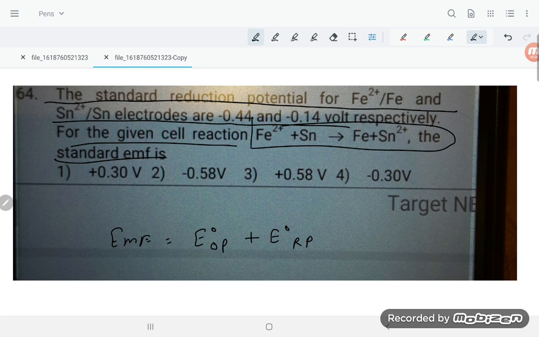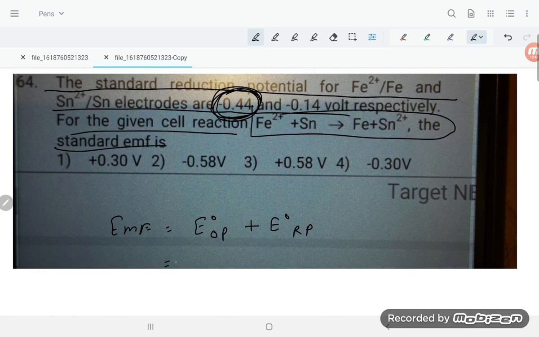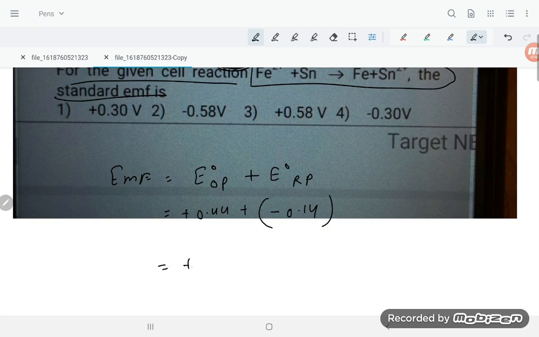Zinc will be oxidized, so the oxidation potential is 0.44, plus the reduction potential, minus 0.14. So you can solve it out. This is plus 3.0. Option number 1 is correct.